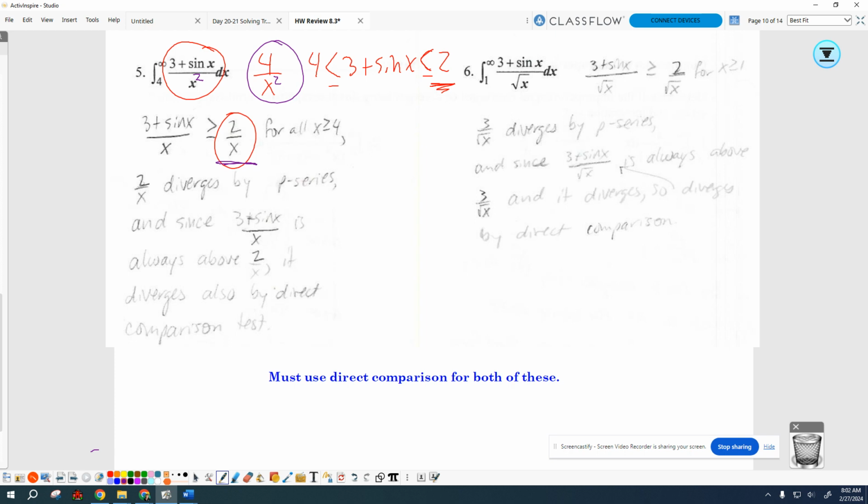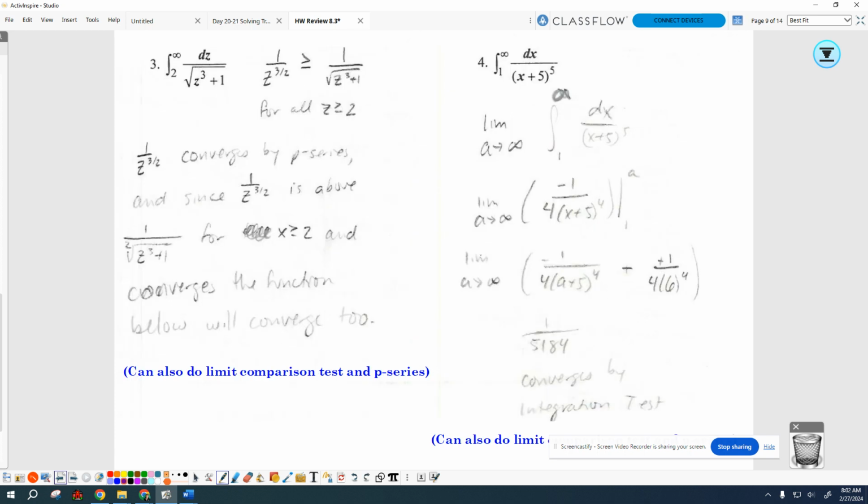When you're given a problem, how do you know which test to use? You don't, because a lot of them you can do different ways. This one, I was able to integrate, so I did. This would be one where I would say evaluate or show that it diverges.